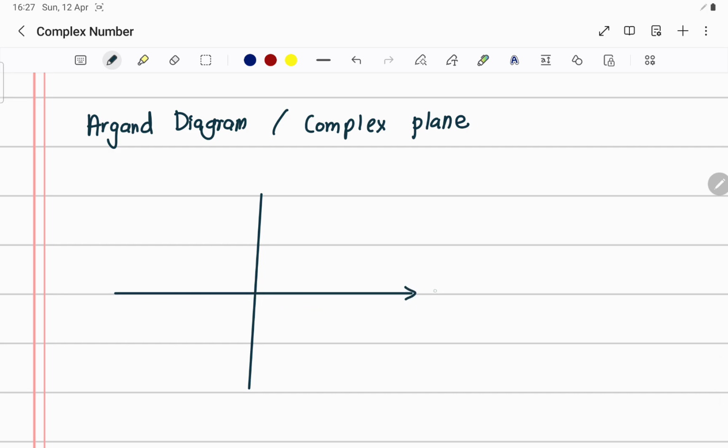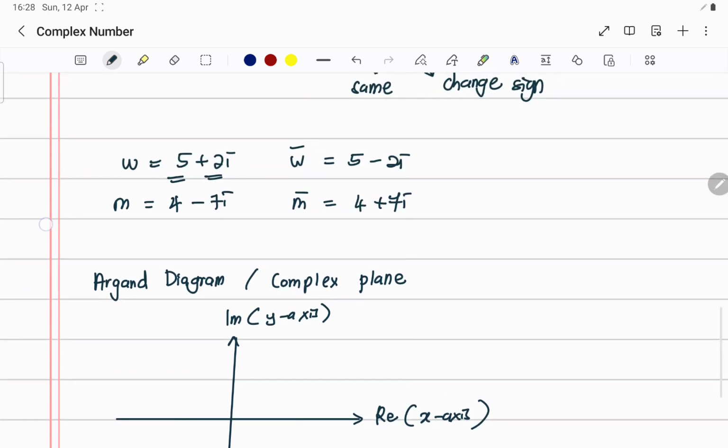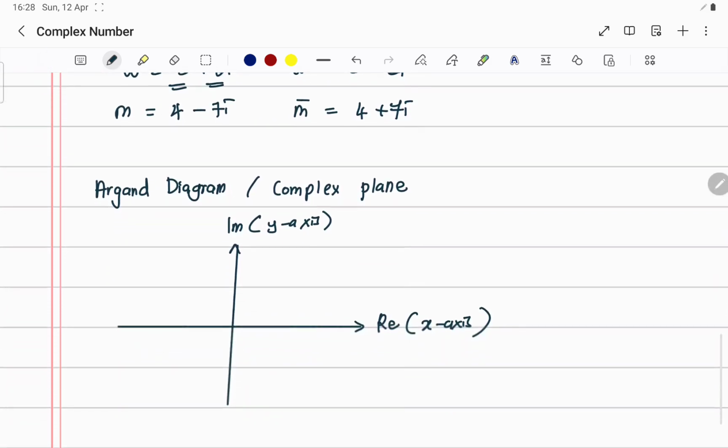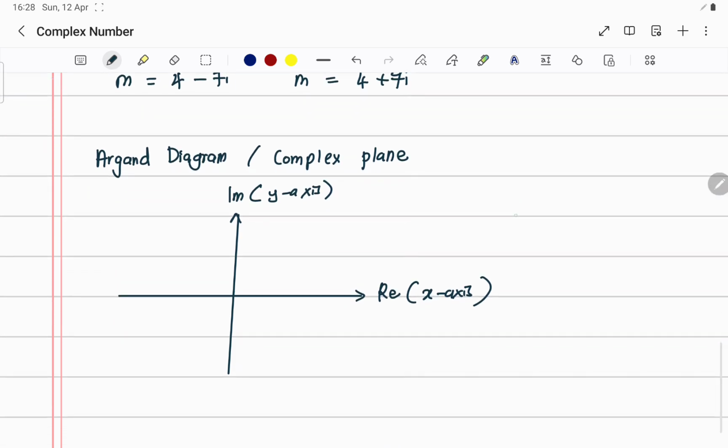At the x-axis it is our real part, which is x just now, and at the y-axis we have our imaginary part. So if you have the value of x and y inside the complex number, then you can just draw it here. Let's say I give you w here, which is 5 plus 2i.